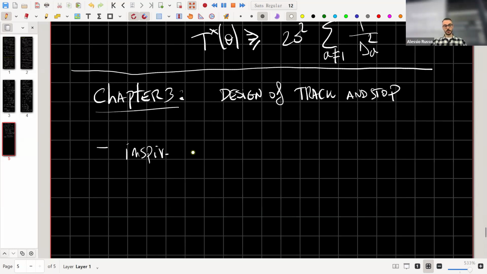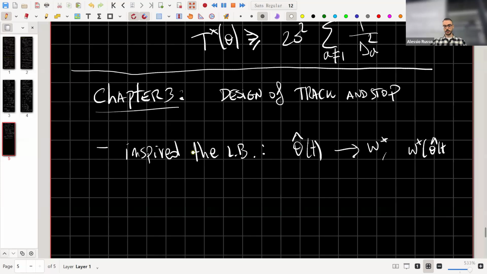Inspired by the lower bound in the sense that we use our estimate at time t of the model, which we're going to call theta hat t, to compute W star. We are going to call it W star of theta hat t, to indicate the dependency on the model that we are using.